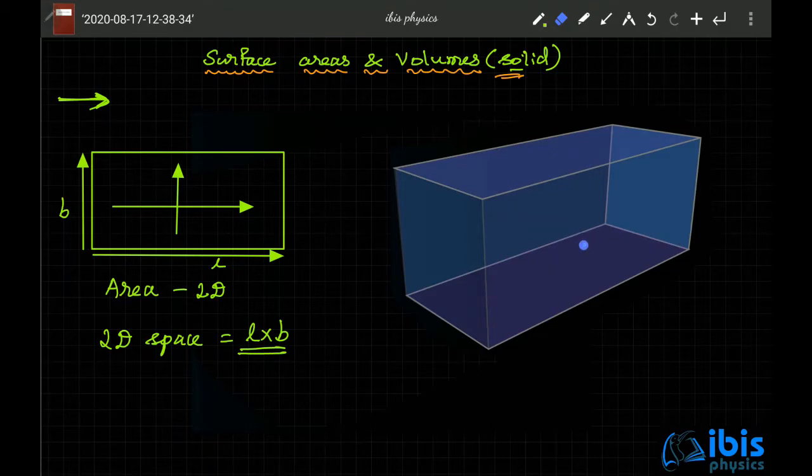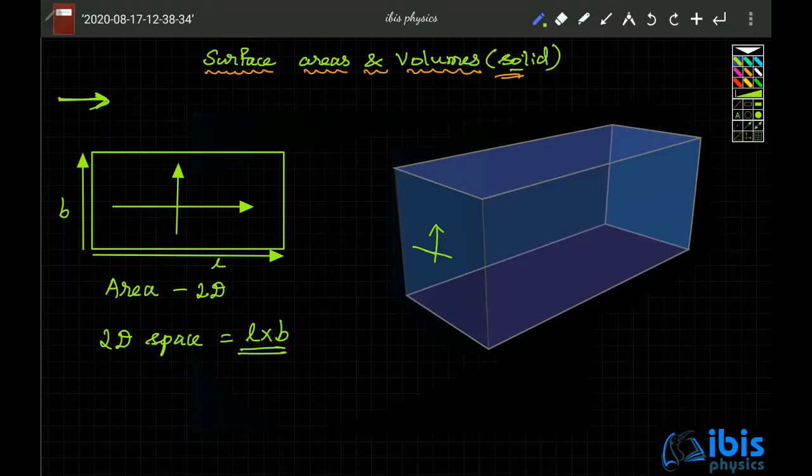Suppose this is your classroom, this is a wall behind, this is a wall in front, and this is a wall to the right and left. Suppose you are facing this direction, this is where the board is. This is the left and right direction, this is the up and down direction, and here is the front and back direction.